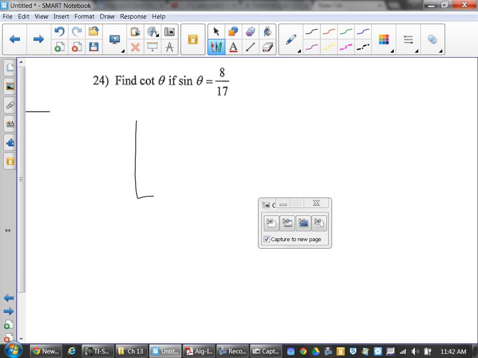What this is telling you is that you have a right triangle with a theta value, and it says the sine of theta is 8 over 17. So that means opposite theta is 8, hypotenuse is 17. So you just use Pythagorean? Yeah, it's a triple. Now that's all it is. Tangent, just like tangents.